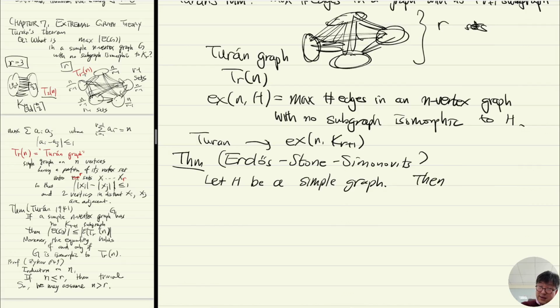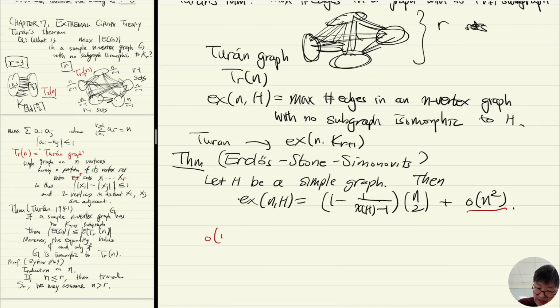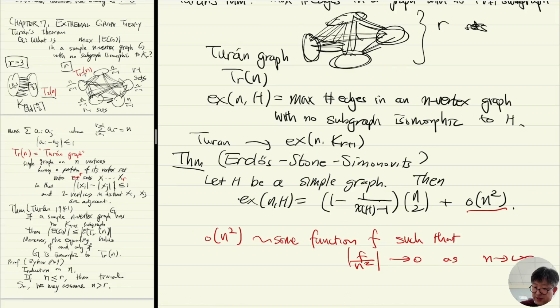Then ex(n, H) is (1 - 1/(χ(H) - 1)) times n choose 2, plus o(n^2). So what does this mean? o(n^2) just means that it's some function f such that f over n^2 goes to 0 as n goes to infinity.